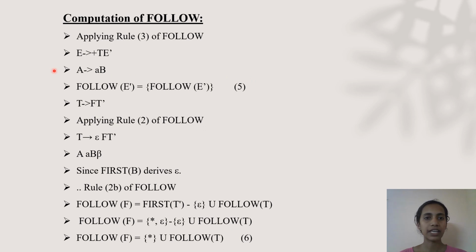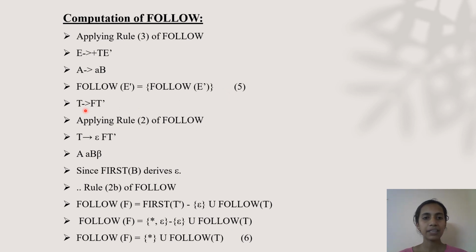Then coming to the next equation, applying rule 3 of follow, we will get E tends to plus TE dash. It is followed by A tends to alpha B. Here the follow of E dash is equals to follow of E dash. This is the fifth equation.